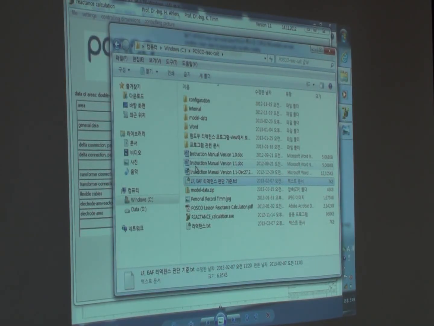But this is the foaming slag operation, and it is typical for ladle furnace operation. A smooth electric arc, very smooth and silent. Sometimes you cannot hear anything.